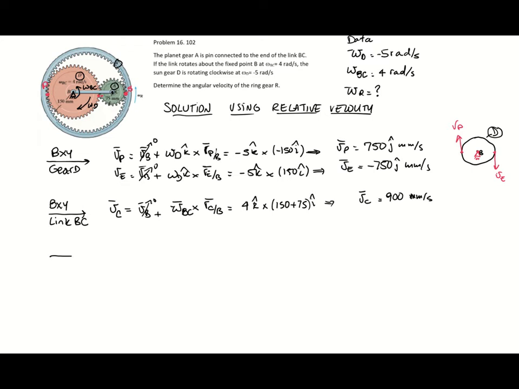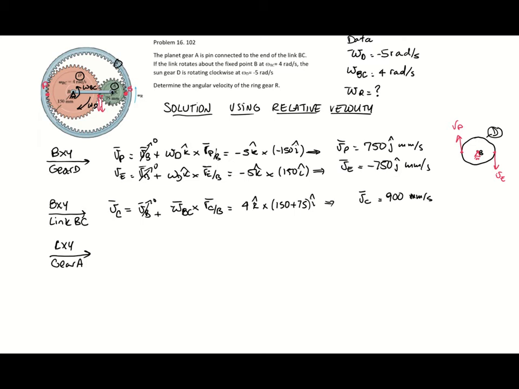Now we are going to do the analysis of gear A. I'm going to fix a system at point C, which is the center of gear A, fixed to gear A. Since I want to find the angular velocity of that gear, I will use a point of known velocity. Since these 2 points touch, these two velocities are equal.